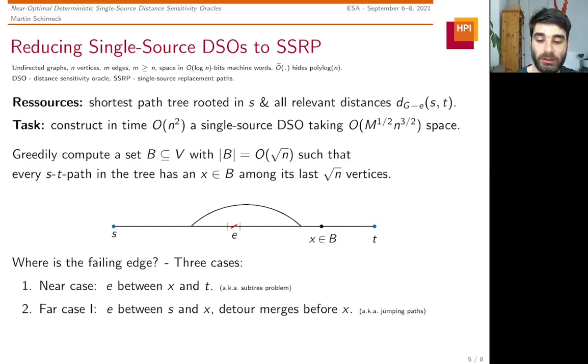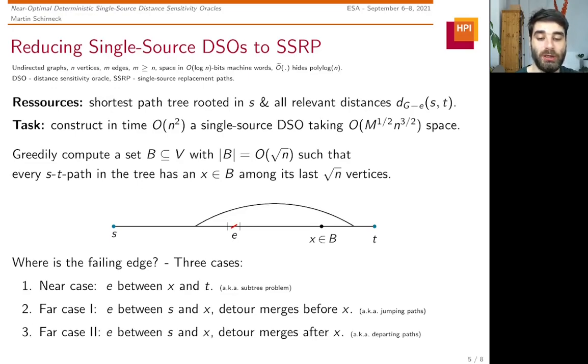And the next one is the far case 1, where the failing edge is between the source and the last pivot, but the detour part of the replacement path merges with the original path before x.